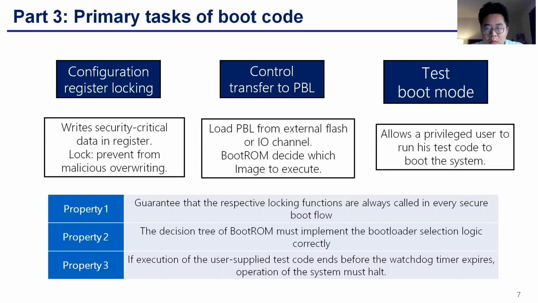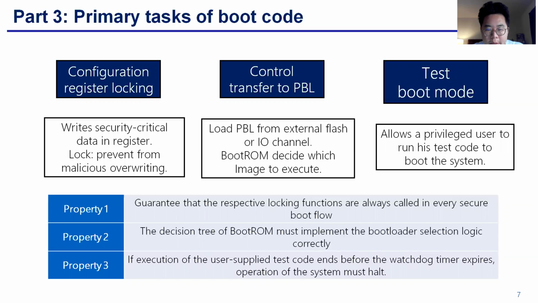The second part is control transfer to the primary bootloader. I will call it PBL in the rest of the lecture. After the signature of the PBL image is verified, whether control will be transferred to a PBL image copied from local memory or downloaded from the I/O interface depends on various boot configurations.